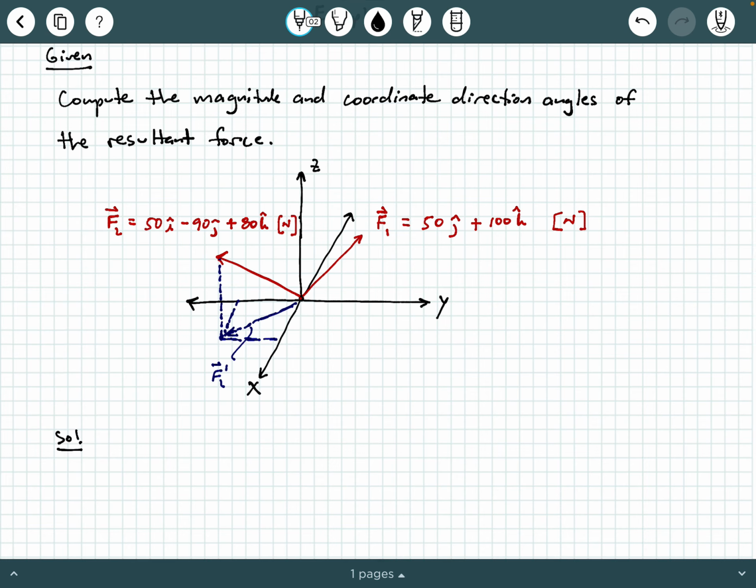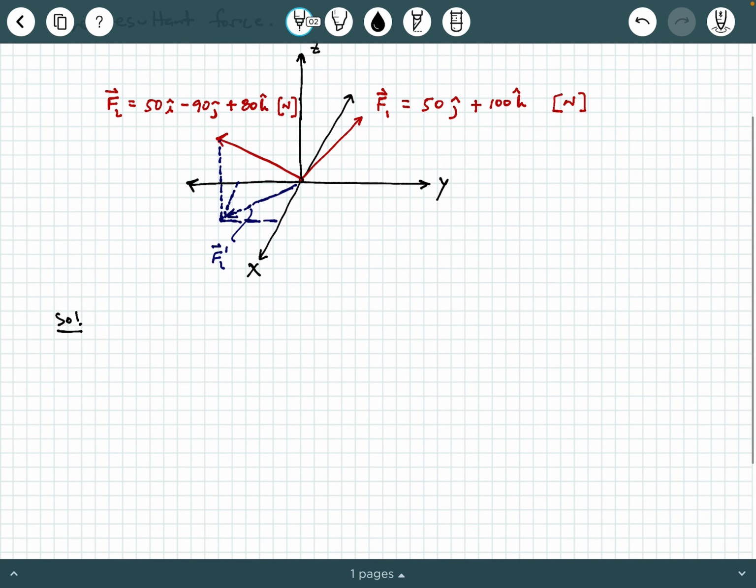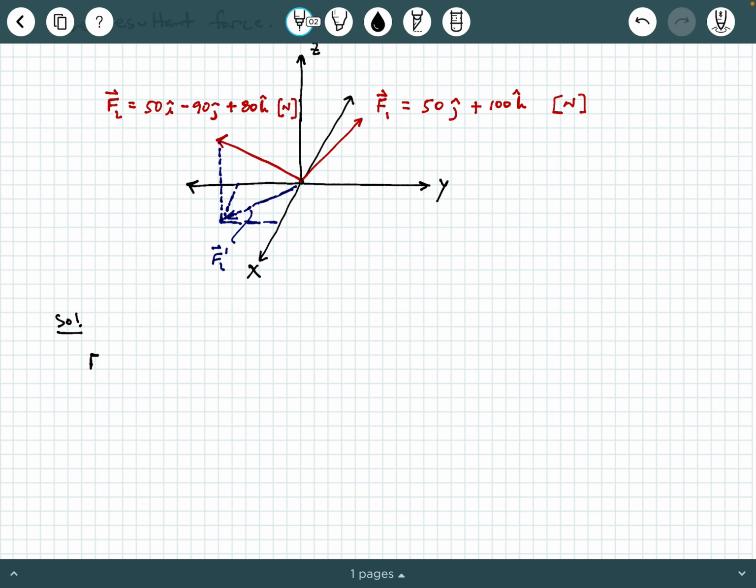We want the magnitude and coordinate direction angles of the resultant force. If we look back in our notes or our previous background videos, we know that a resultant force is equal to the sum of the x components times i plus the sum of the y components times j plus the sum of the z components times k.